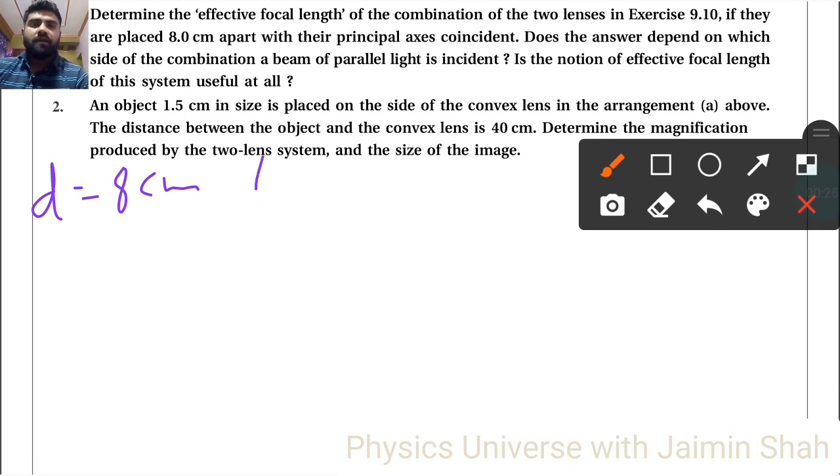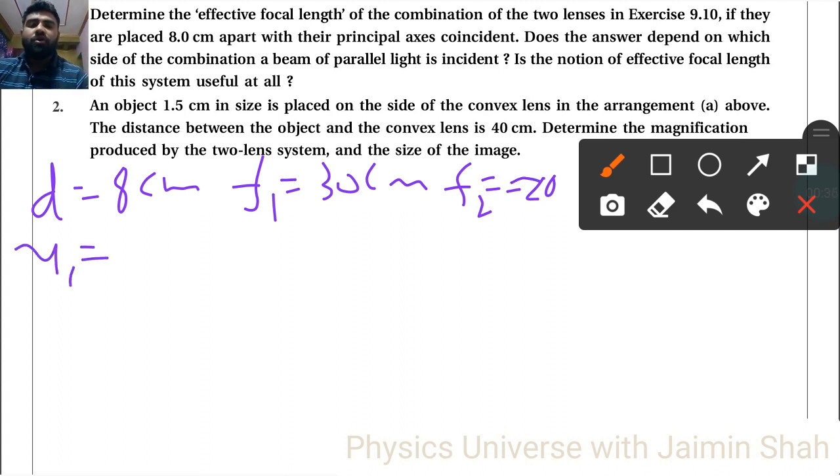So here earlier we have f1 is equal to 30 centimeter and f2 is equal to minus 20 centimeter, right? Now because the object is at infinite distance, u1 is equal to infinity, and we have to find v1.